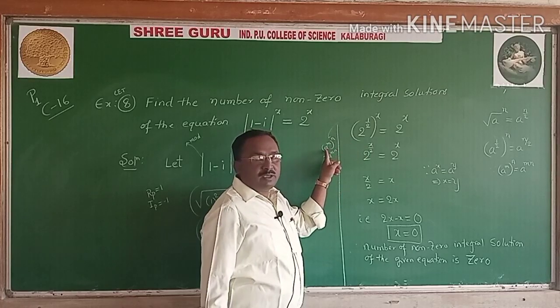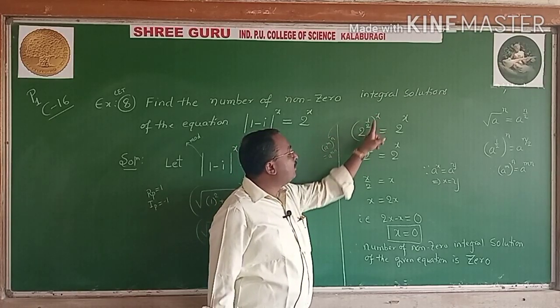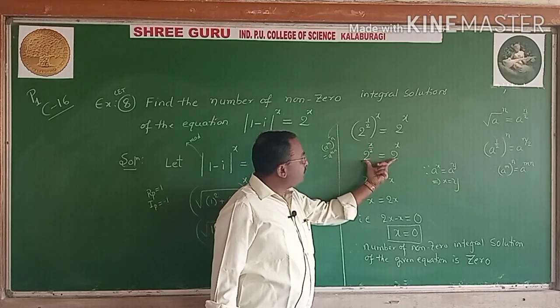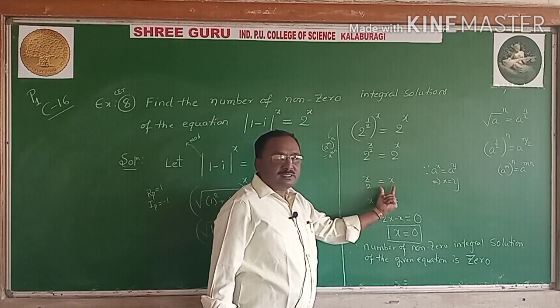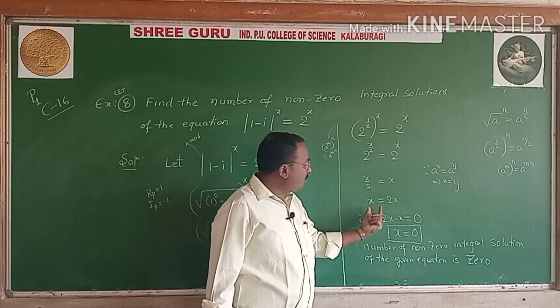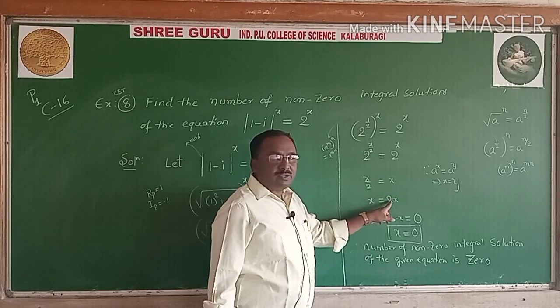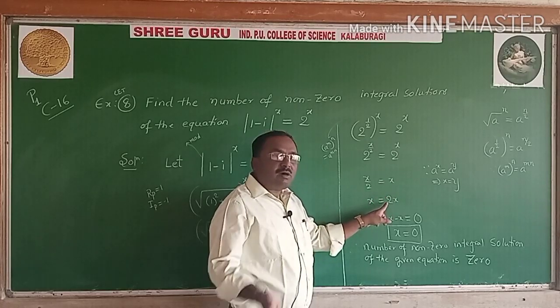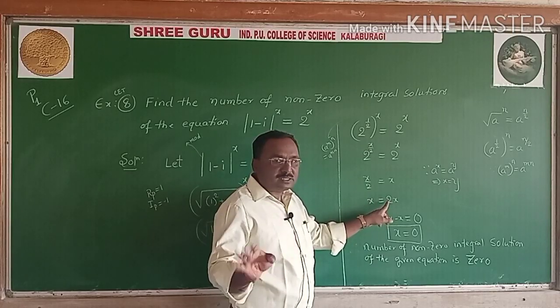Do you know the formula? (a^m)^n is a^(m·n), so 1/2 into x gives x by 2. Same base, powers are equal. x by 2 minus x is x by 2, so x is equal to 0. Or take the 2 to the right side: x is equal to 2x, so x minus 2x is minus x, x equal to 0.